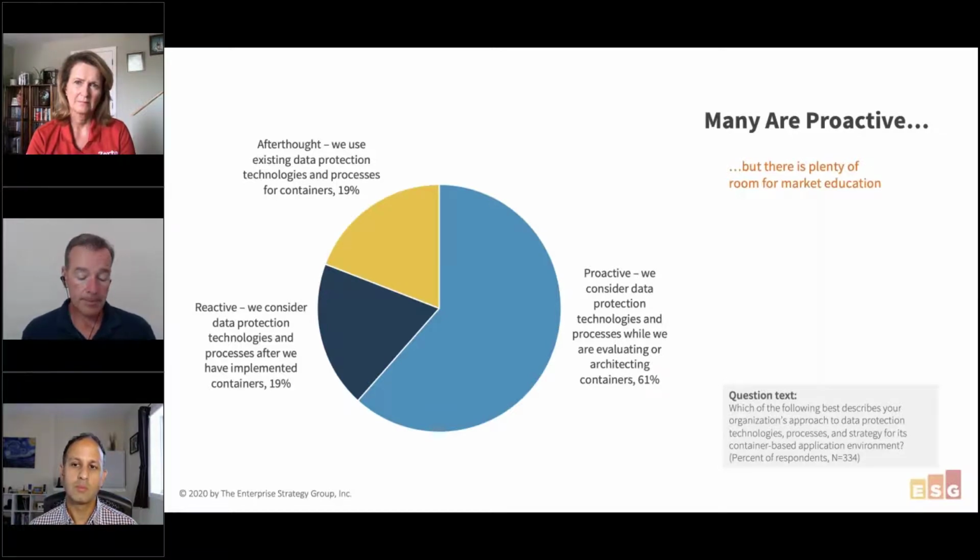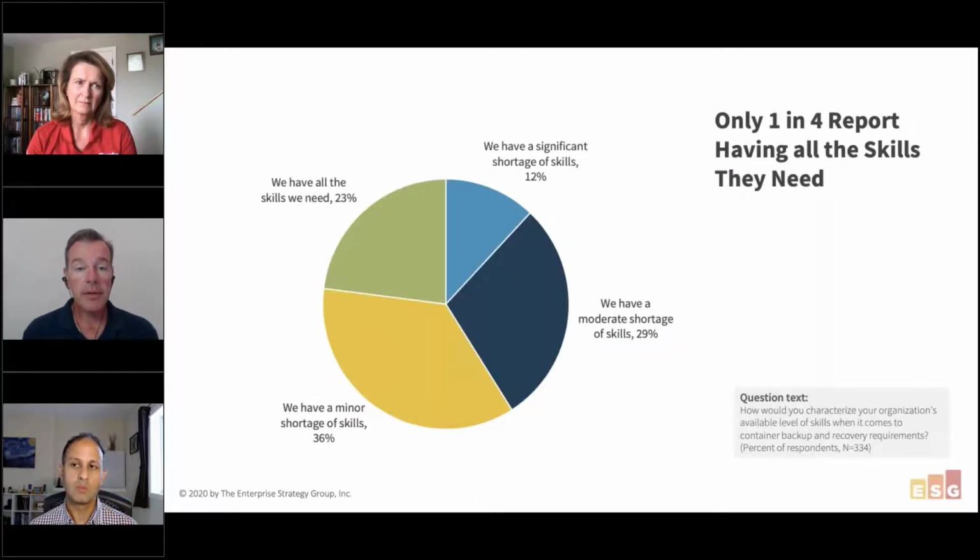And if you look at the next slide, what you see is that there is a skill set issue. I sort of hinted at it. If you think about the skill sets that are needed to make container environments work, think about all of the components. You need to understand containers themselves and Kubernetes and automation, orchestration, etc. You need to understand data protection.